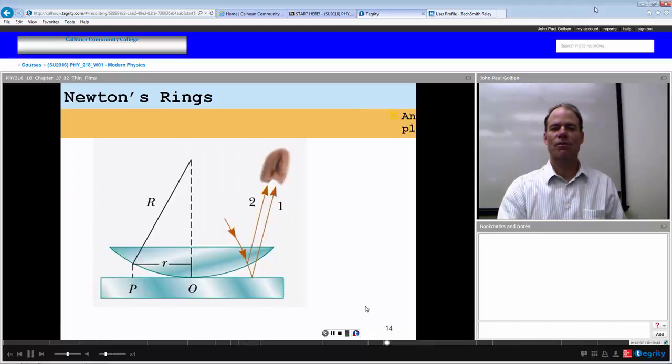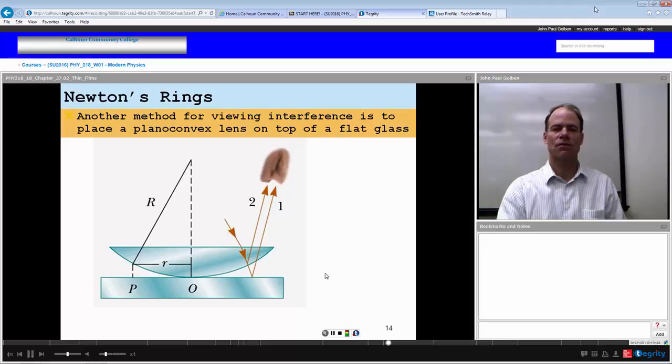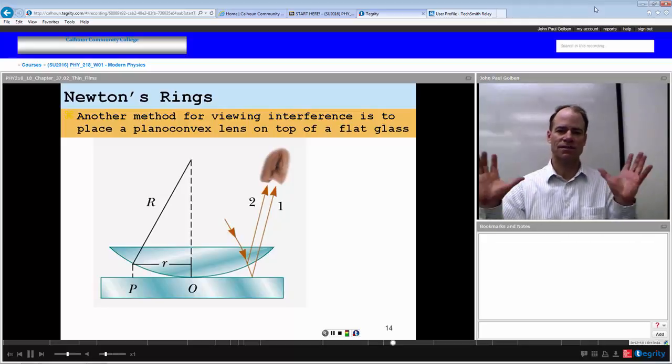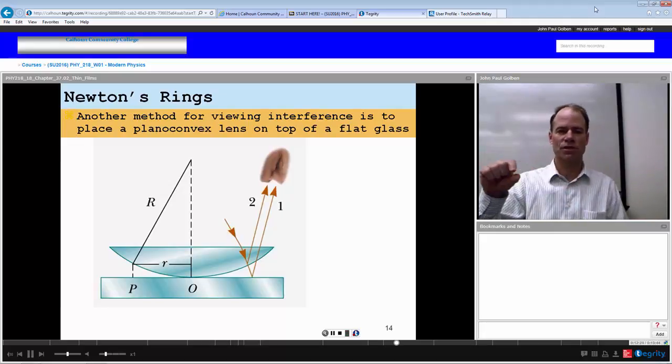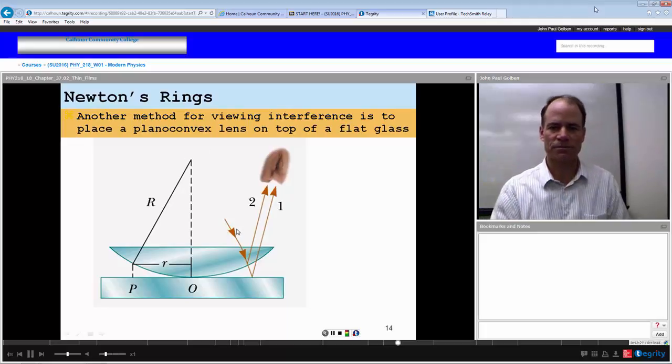Another way we can get interference from an idea of a thin film, in this case a thin film of air, if you will, is Newton's rings. We put a plano convex lens on top of a flat glass, and we let the air gap in between the two act as our thin film.